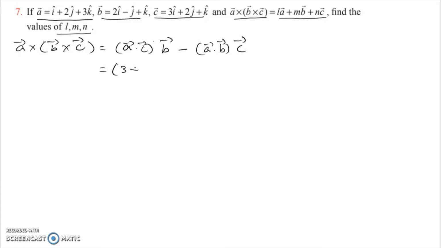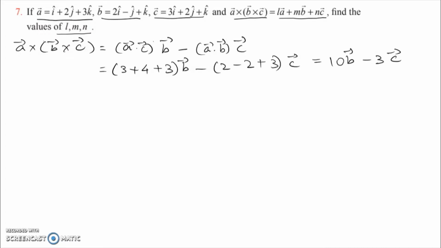Similarly, J is plus 4, plus 3 B vector, minus for A into B will be 2 minus 2 plus 3 C vector. So that's equal to 10B vector minus 3C vector.